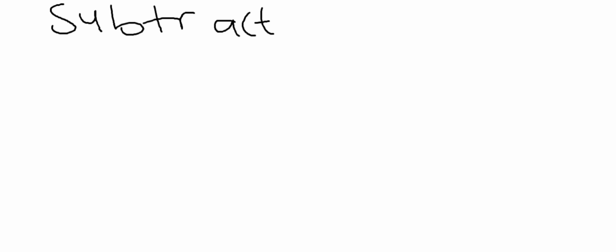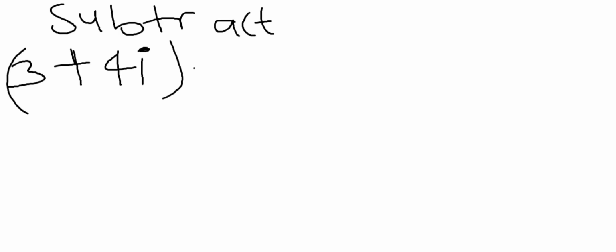So this is what you should know when it comes to addition. When they tell us to subtract the complex numbers, we have an example. In this case we have this one, they tell us to subtract these complex numbers.